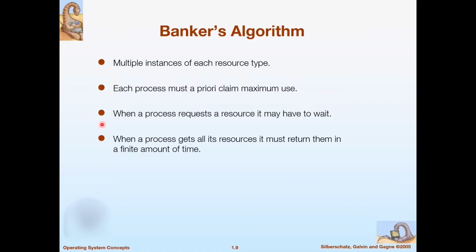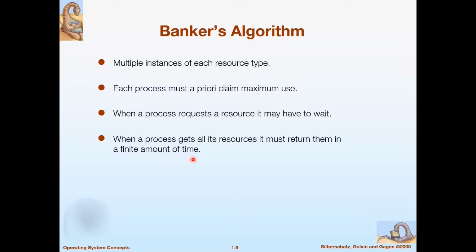When a process requests resources, it may have to wait. And the last important point is when a process gets all its resources, it must return them in a finite amount of time after completion of its work.